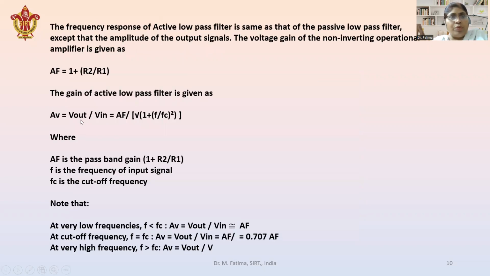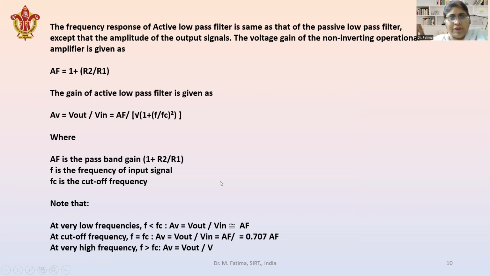The output voltage of the filter is equal to AF upon the square root of 1 plus (f by fc) squared, where AF is the passband gain of the filter, f is the frequency of the input signal, and fc is the cutoff frequency.